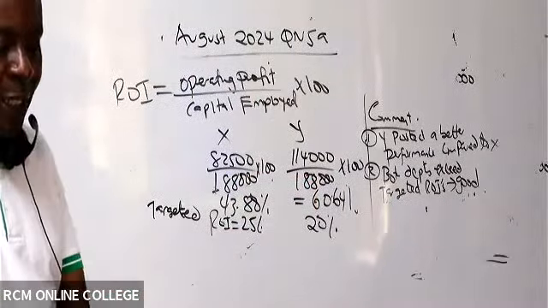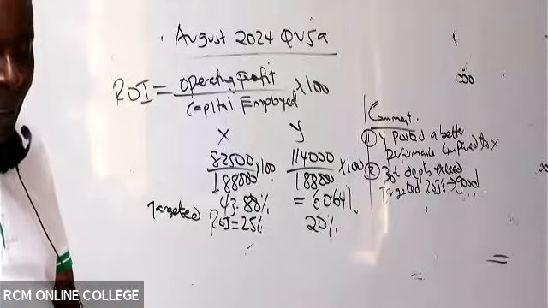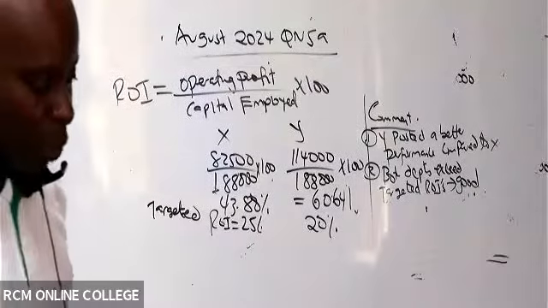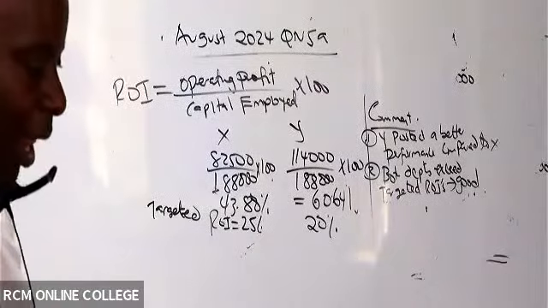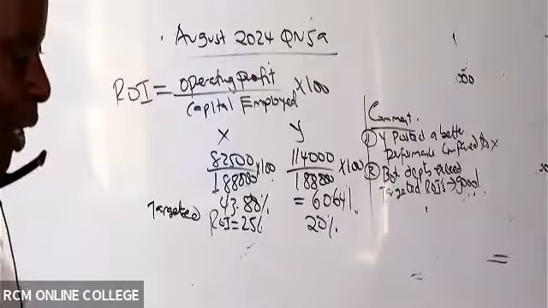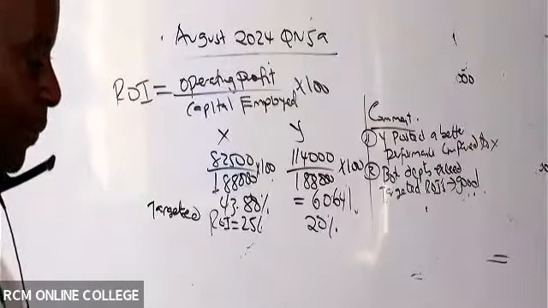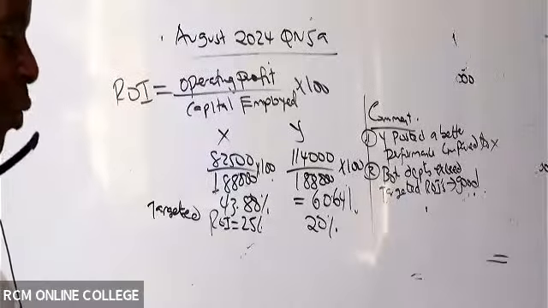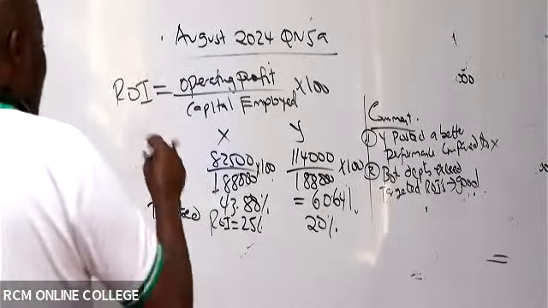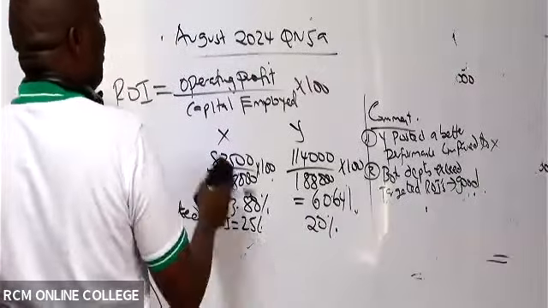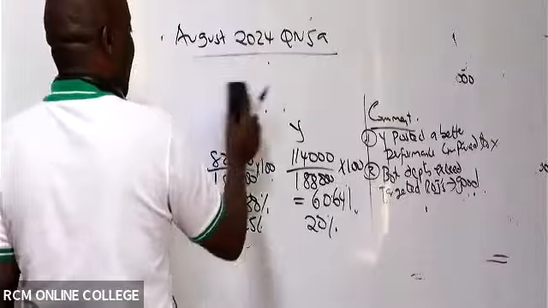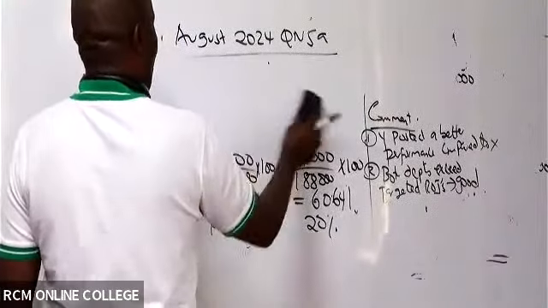So can we go to the next performance measure? What they are calling residual income. Can we go to residual income? Now for residual income, I want to give you 1 minute to see whether you ninjas will be able to get this residual income.